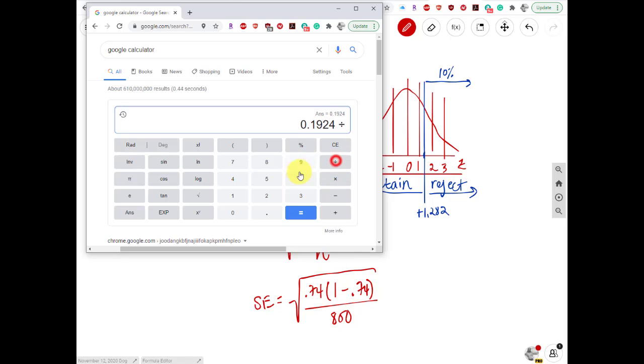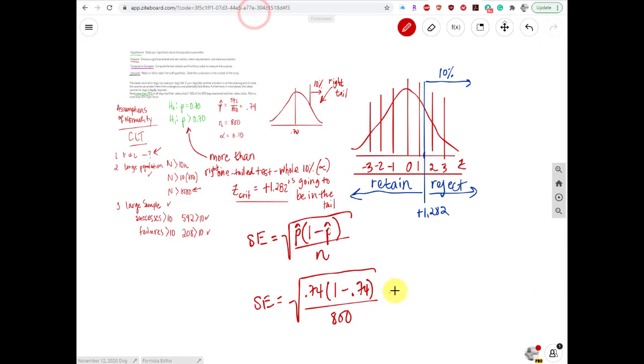Now I'm going to divide it by the 800 that is in the denominator, which represents the sample size, and I'm going to get 0.0002405. I'll go ahead and write that down. Okay, now I still have to take the square root of this.